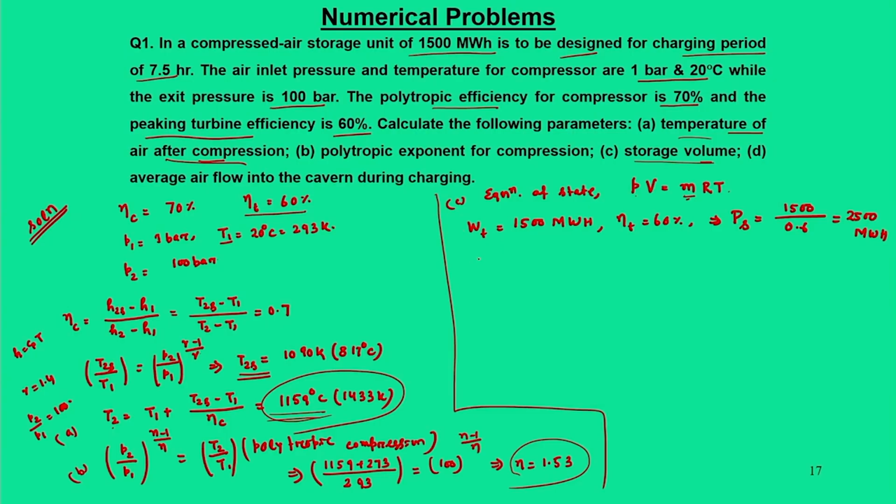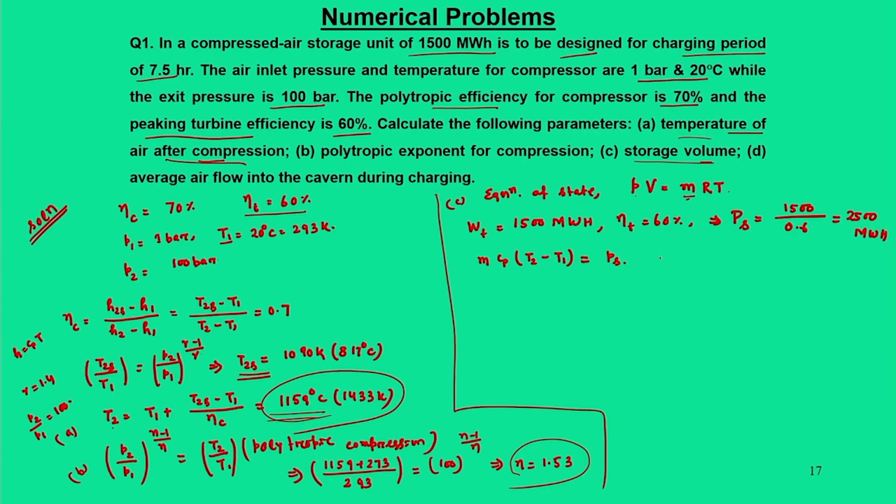And this 2500 megawatt hour has to be stored through heating. For that reason you can write that mass times specific heat times (T2 minus T1) should be equal to PS. Here we are talking about pressure about 100 bar, and the expected temperature would be around 1200 degree centigrade.